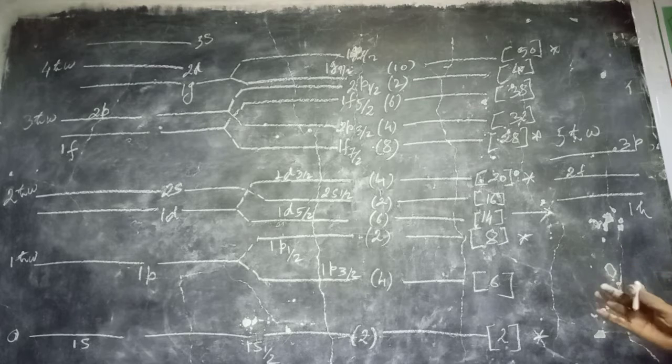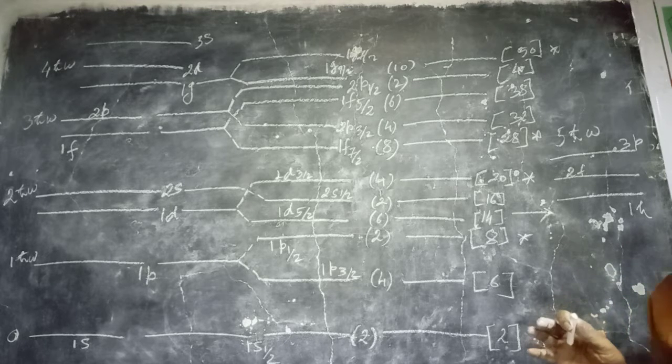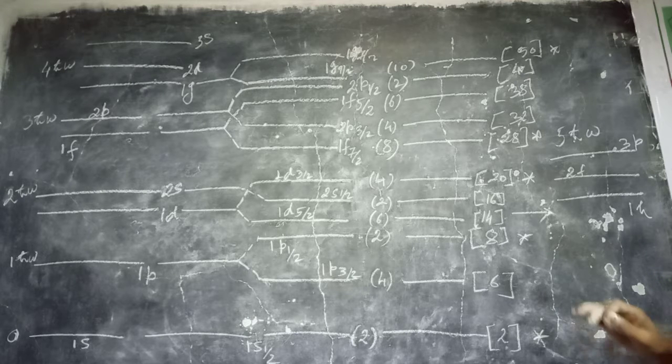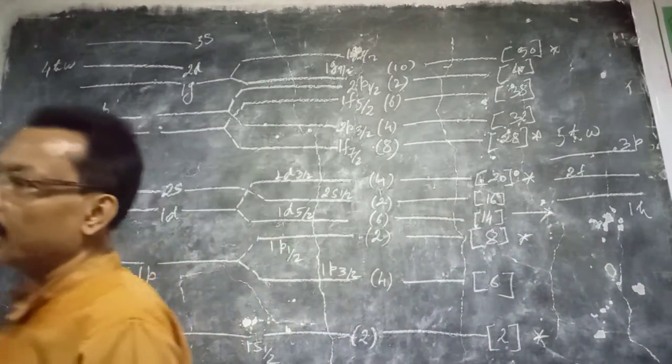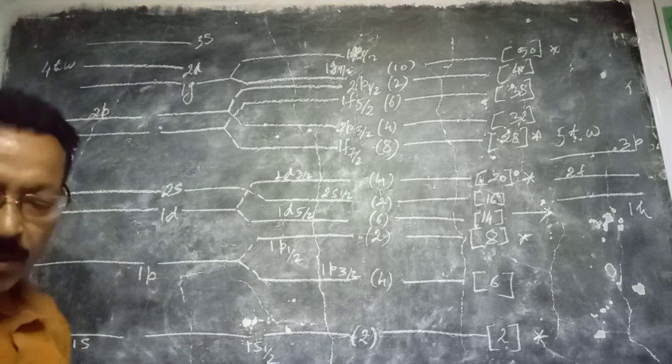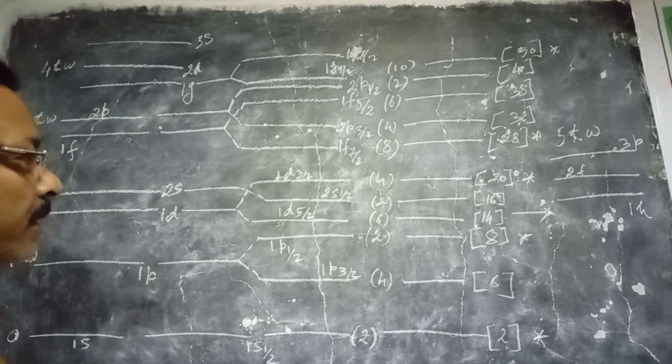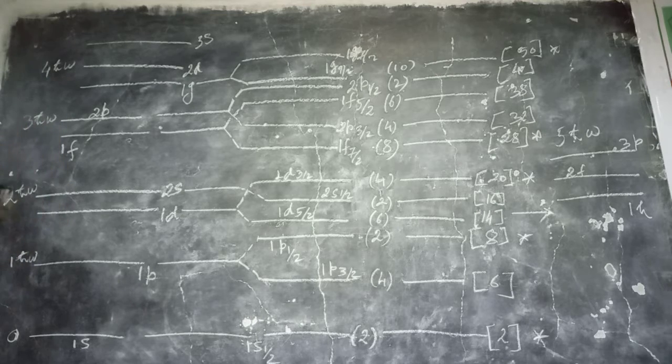But if we modify the central potential slightly, the square or harmonic oscillator, then instead of 114, 126 can be reproduced. So it is found that the shell model can predict all the magic numbers with the inclusion of the spin orbit interaction.